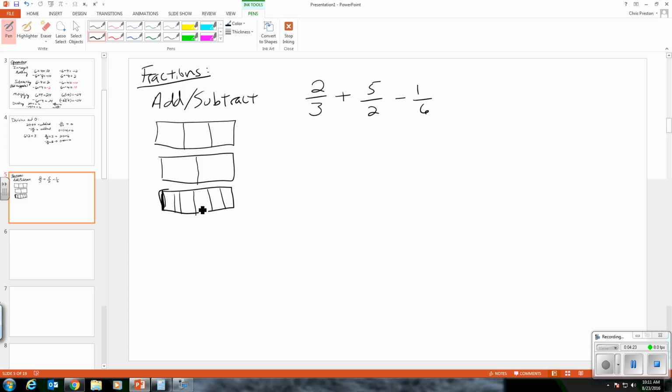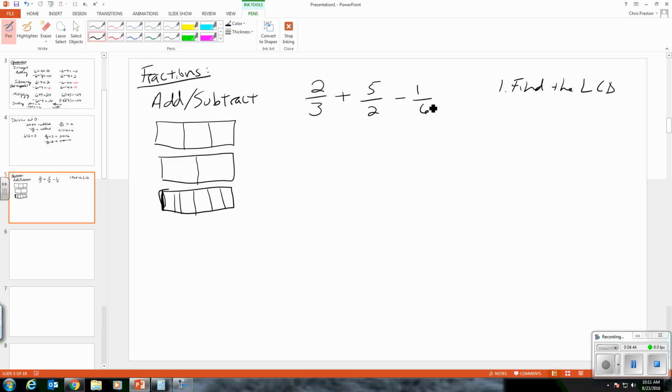And I have all different pieces. I can't compare them. So what we need to do is have them all the same piece. The way we do that is we find a common denominator, preferably the least common denominator. It's the smallest number all of these go into.